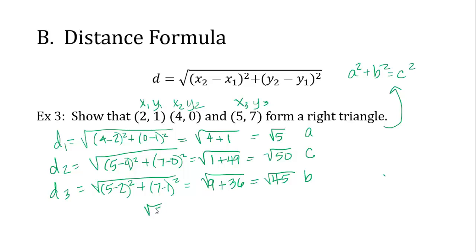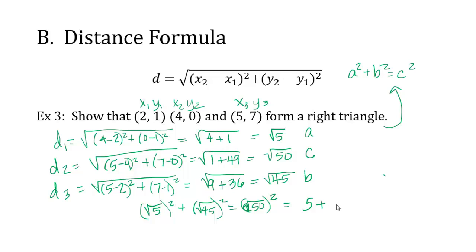Okay, A squared plus B squared. Does it equal, sorry, square root of 50 squared. Alright, let's work it out. Remember, when you square a square root, whatever's under the radical just comes out. Square root of 5 times square root of 5 is just 5.